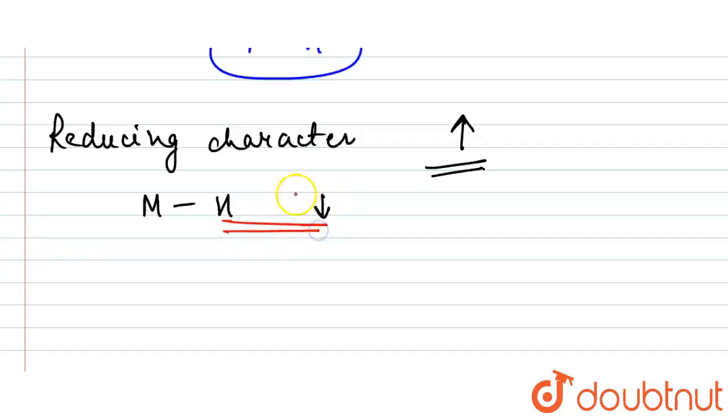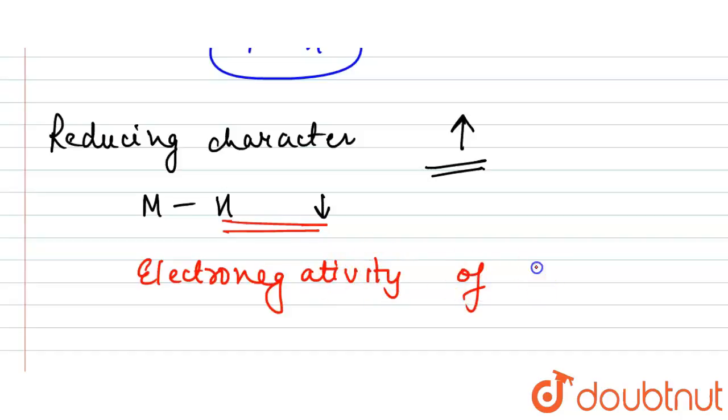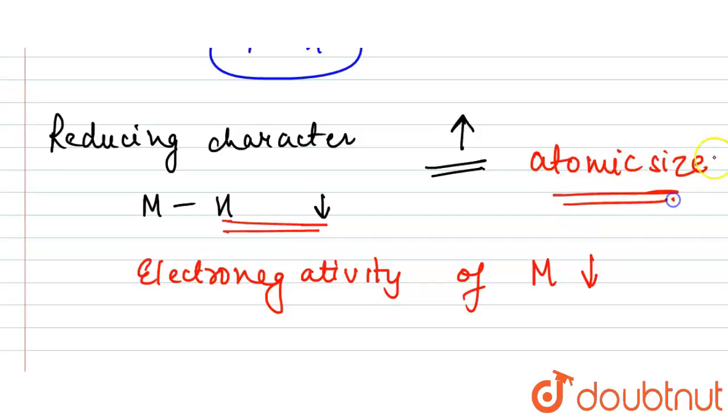And the electronegativity of the central metal atom M decreases as we move down the group, because the atomic size is increasing. That's why as we move down the group, reducing character increases.